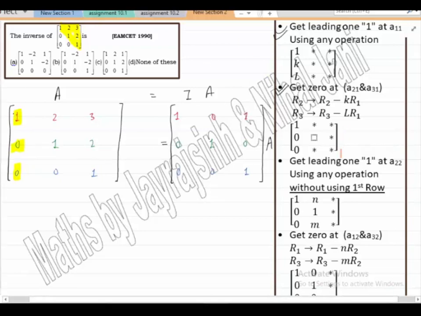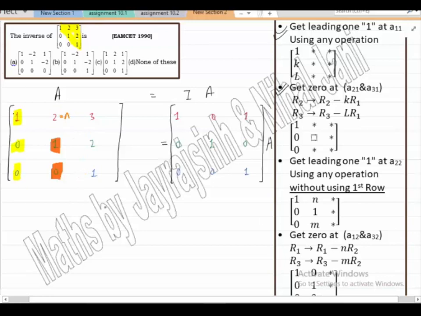Now the third step is to get the leading one at A22. Oh my god, we already have the leading one at A22 as well as 0 at A32. Now we just need to get 0 at A12, and for that we already have the value of n is equal to 2.